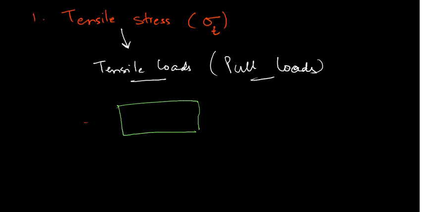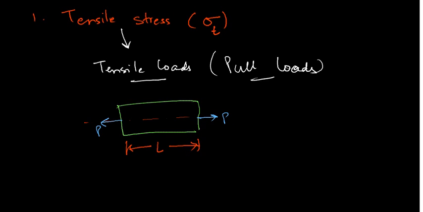And let's now represent a load P onto this. So this is a tensile load. It is trying to pull apart a member, or we can say that it is trying to increase the length of this member. So when you have a tensile load, the length increases.